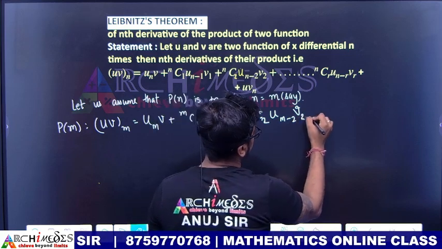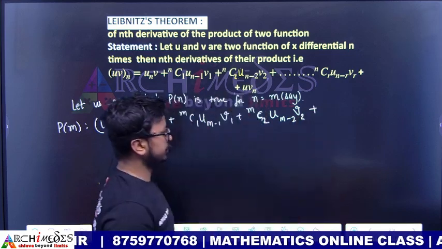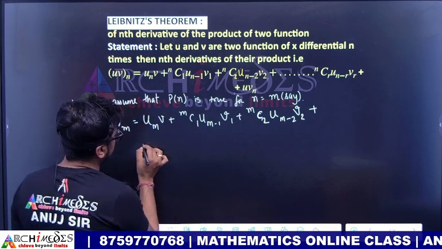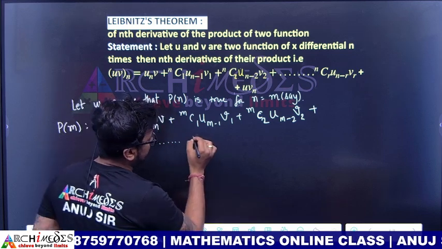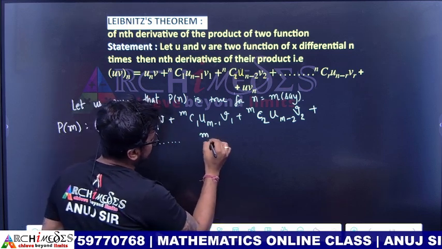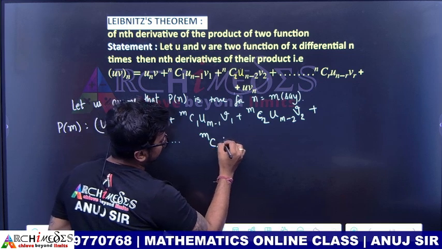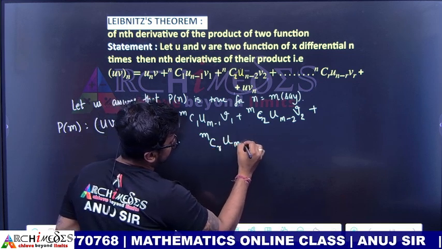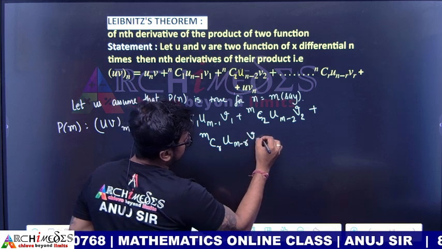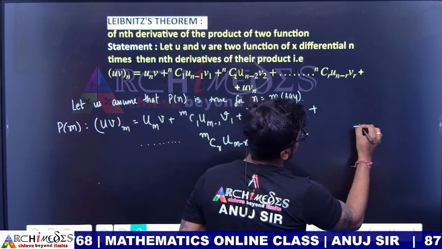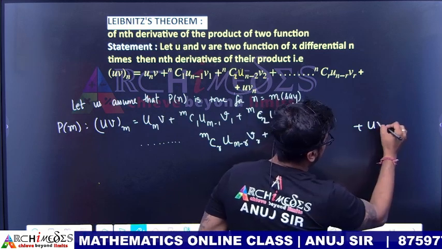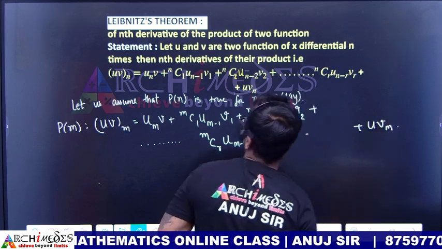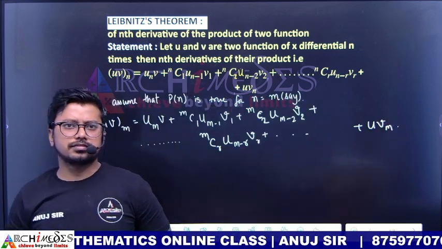Now listen carefully. Plus, dotted figure. Listen carefully. So can we write the middle value? This is mCr u with suffix m minus r, and vr. Then at last is u vm. Any doubt up to here? This is the assumption. Clear?